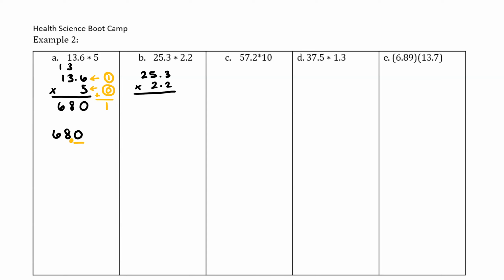We do not put any decimals until we finish the sum of the partial products. So let's do this. 2 times 3 makes 6, no carryover. 2 times 5 makes 10, so the 0 is downstairs, the 1 is upstairs. 2 times 2 makes 4, plus 1 makes 5.